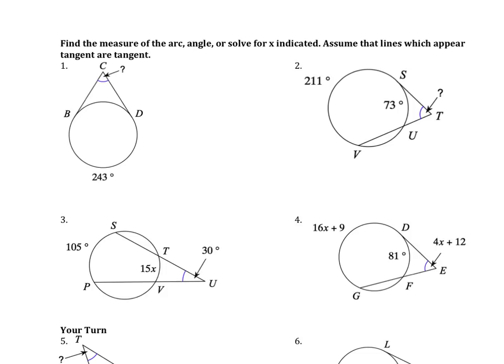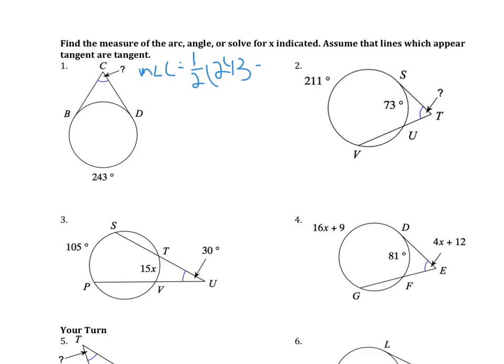So we have a little bit of work we have to do here to think through this one. They're not all just going to give you the value. So our major arc is 243, so that we know that the measure of angle C is going to be equal to 1/2 the major arc, which is 243, and then minus the minor arc. Well, we got to figure that out.